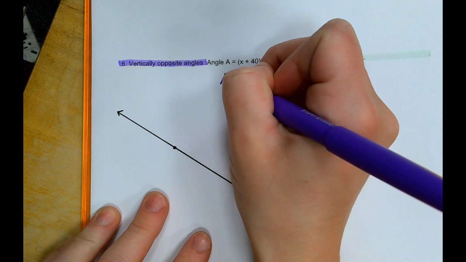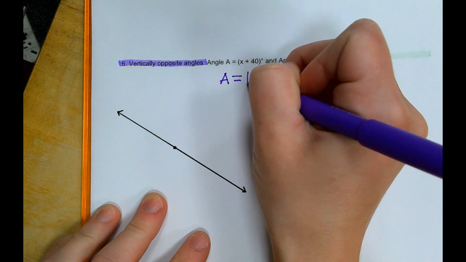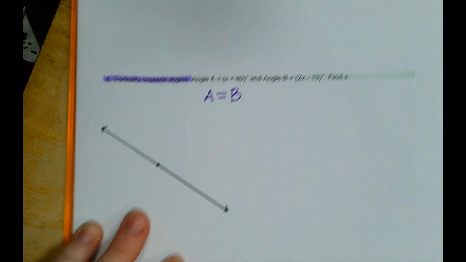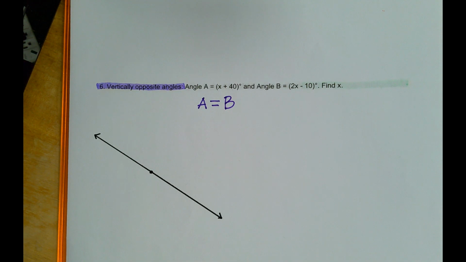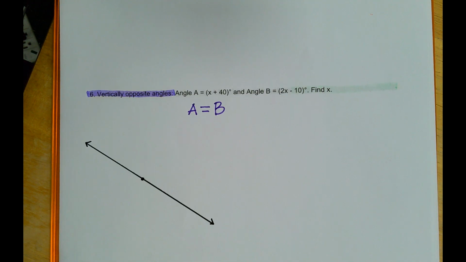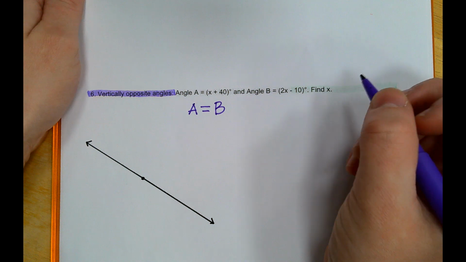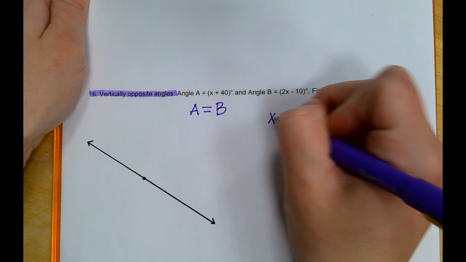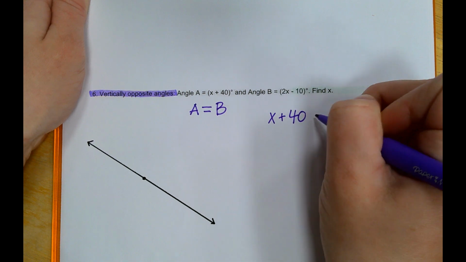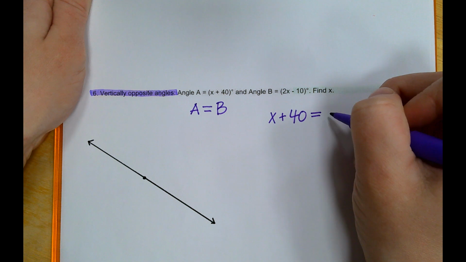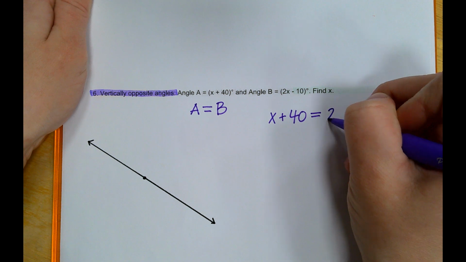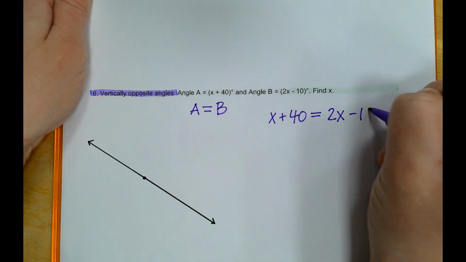So I know I'm going to do A equals B. So let's write an equation for that. What's that equation going to look like? x plus 40 equals 2x minus 10. Perfect. x plus 40 equals 2x minus 10.